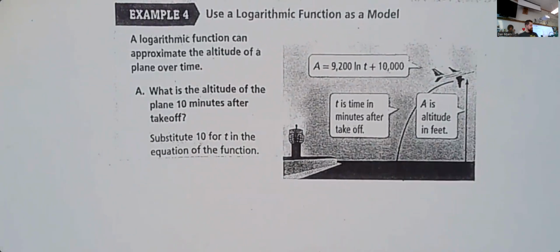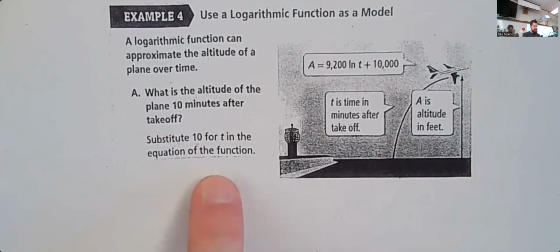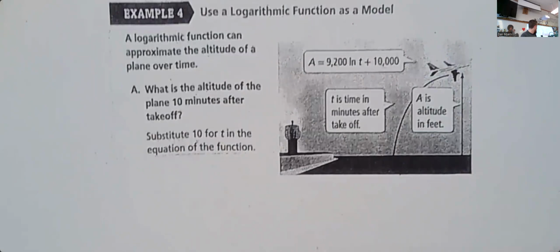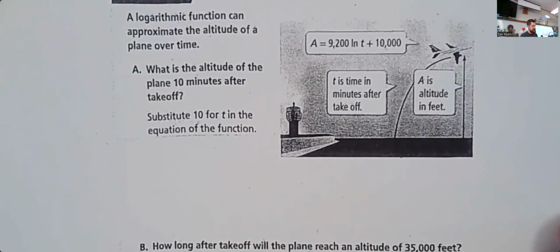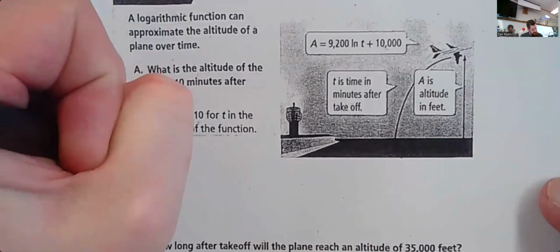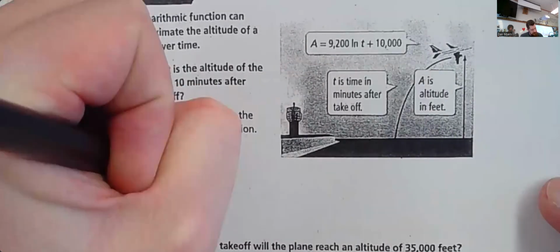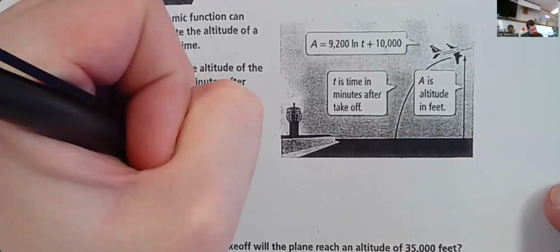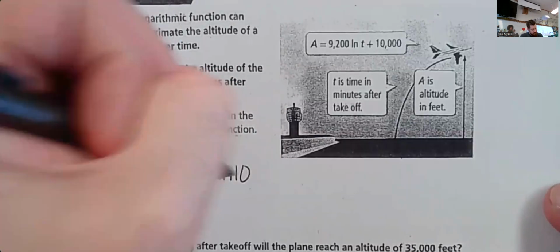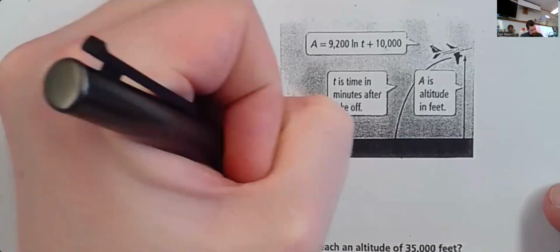So let's write our function. And it also says to substitute 10 in for t in the function itself. So there's not really anything that we need to do in terms of moving anything around in this, because we're going to get A equals 9,200 times ln 10 plus 10,000.